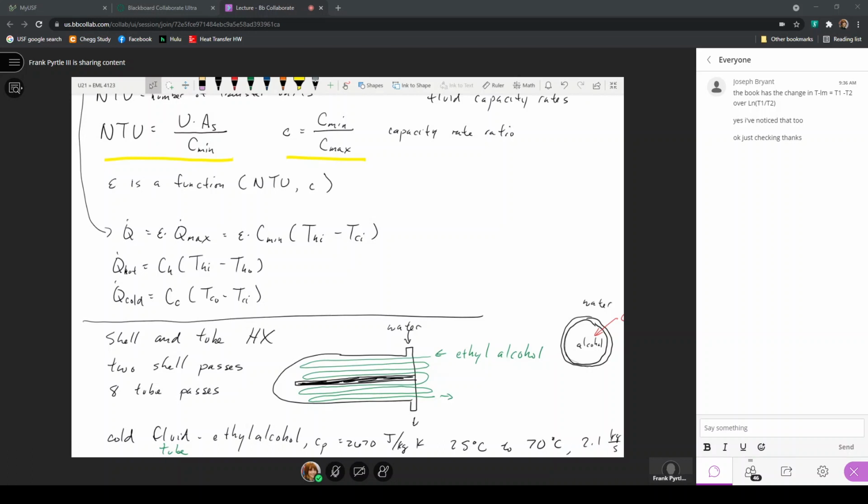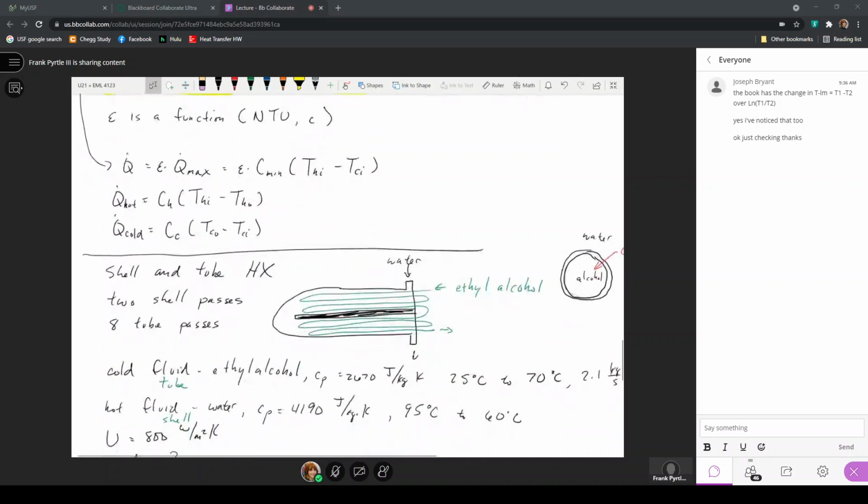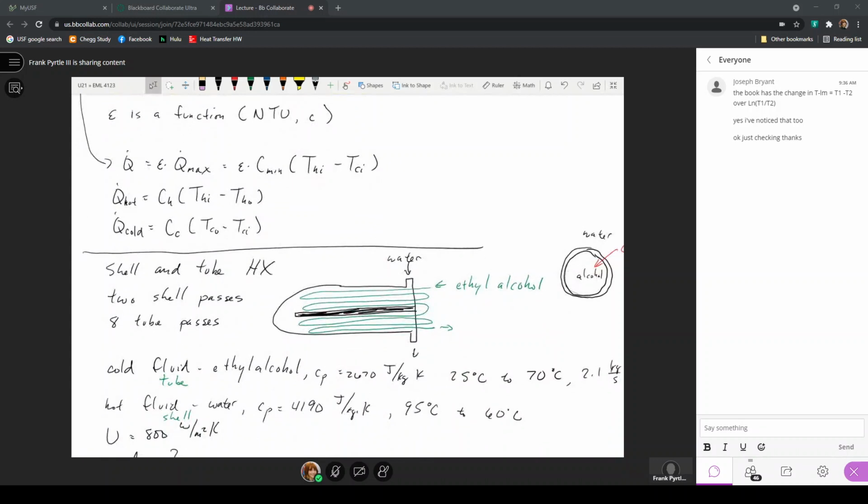It's just that the number of calculations that you might have to make, there might just be a few more steps necessary to actually solve that particular problem. But both of them, the effectiveness NTU and the log mean temperature difference methods, can both be used to solve for any of the quantities that might be unknowns in a given heat exchanger.